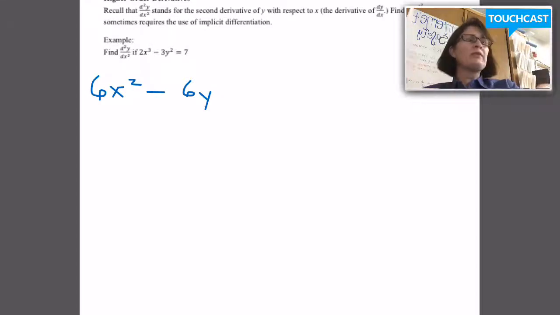If you like, feel free to use y prime here. I'm just going to do this problem with primes instead of dy dx to show you it's a little less writing, and that's an option. So that's 6y times y prime equals the derivative of 7 with respect to anything, which is 0.